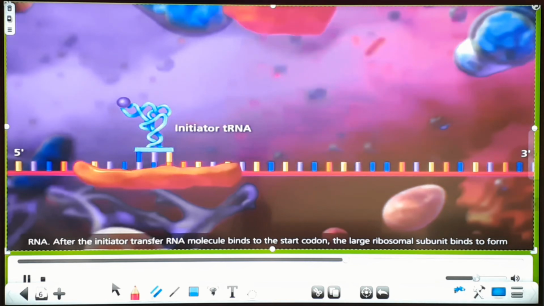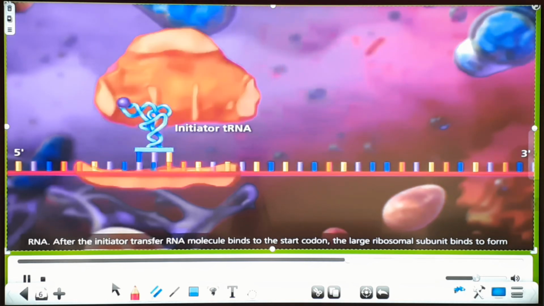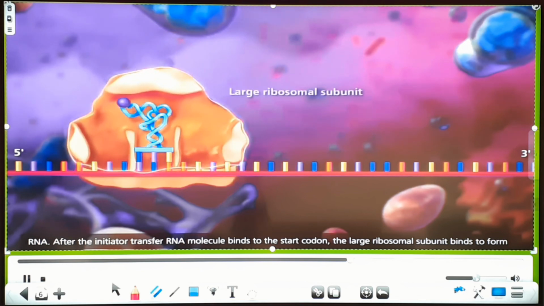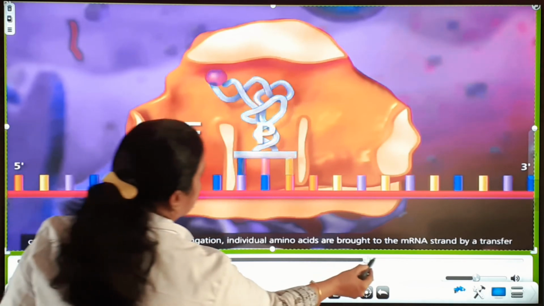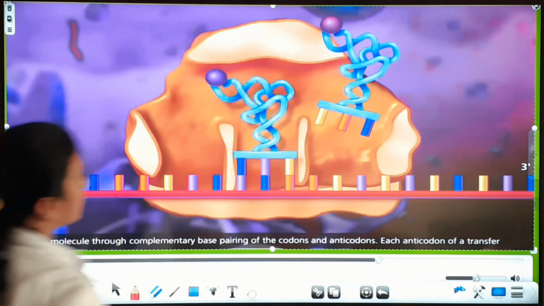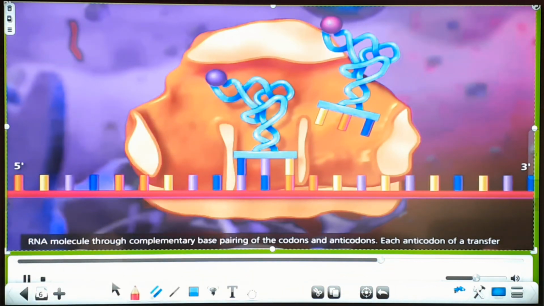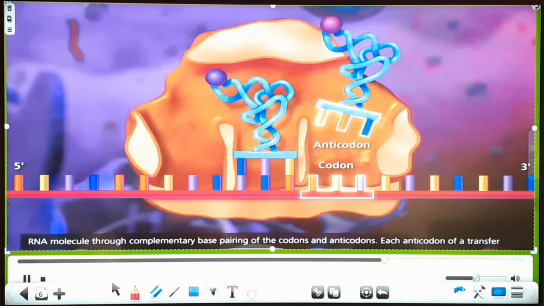After the initiator transfer RNA molecule binds to the start codon, the large ribosomal subunit binds to form the translation complex, and initiation is complete. In the large ribosomal subunit, there are 3 distinct regions called the E, P, and A sites. Each site holds a transfer RNA molecule through complementary base pairing of the codons and anticodons.